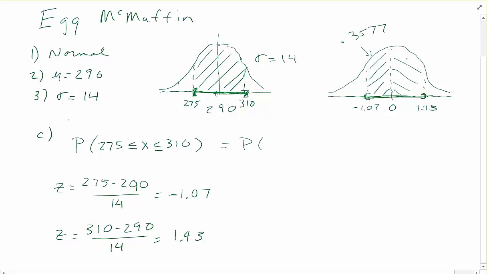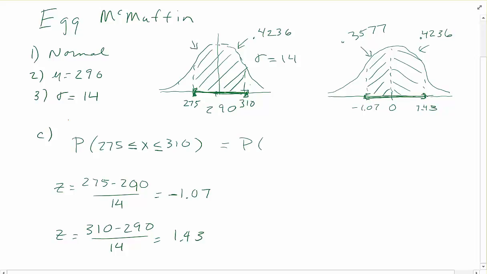And this part will be the value I got for the 1.43. So that would be 0.4236. So in other words, these are going to be the same percentages.